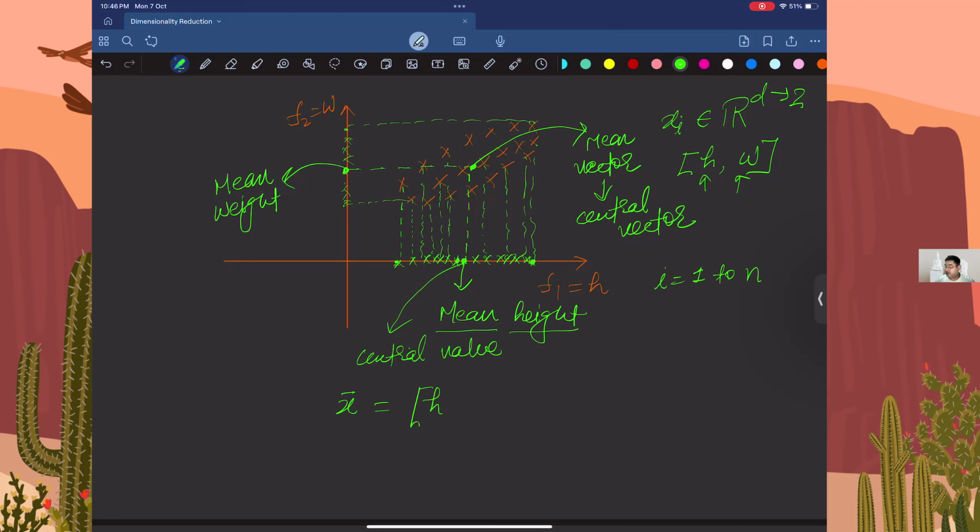I want to write h of x bar, comma, w of x bar. Where h x bar is basically the mean of h_i, where i is equal to 1 to n, and w x bar means the mean of w_i, where i is 1 to n. So that's the simple interpretation of a mean.